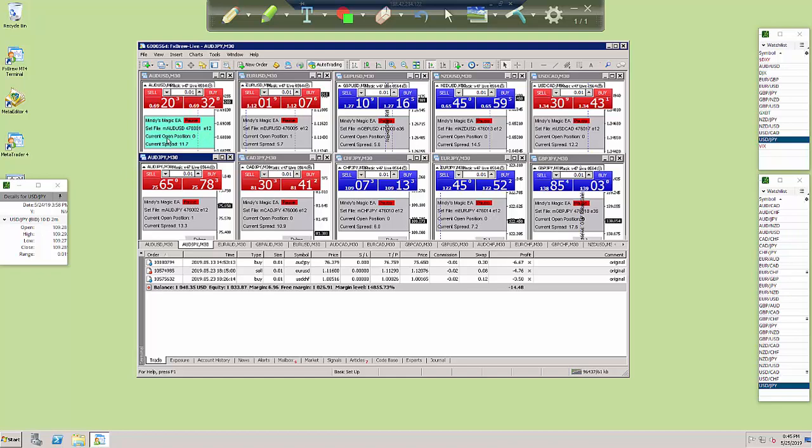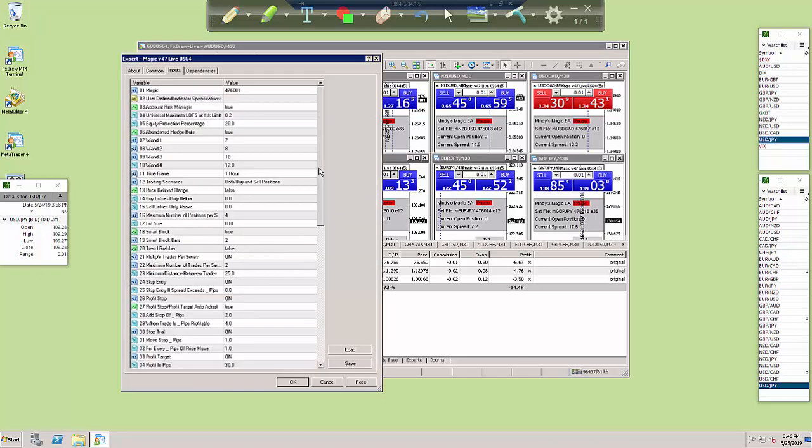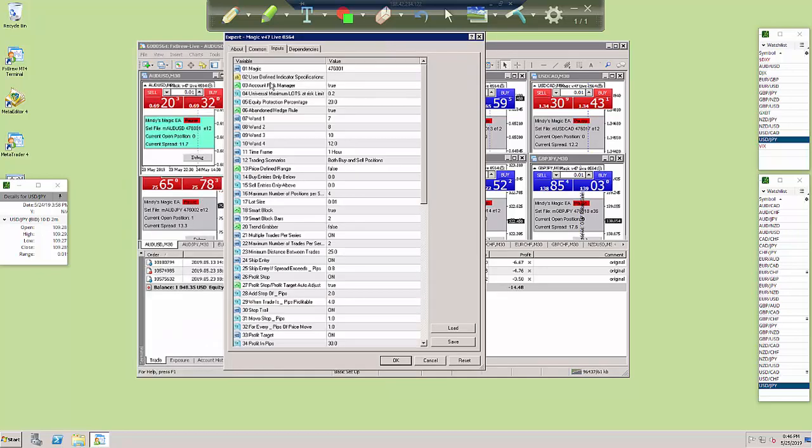But in this EA that is green, what we've done is we have utilized in the properties for this pair something called the Account Risk Manager. Now, the Account Risk Manager defines how many trades the account can take at any given time and be at risk.